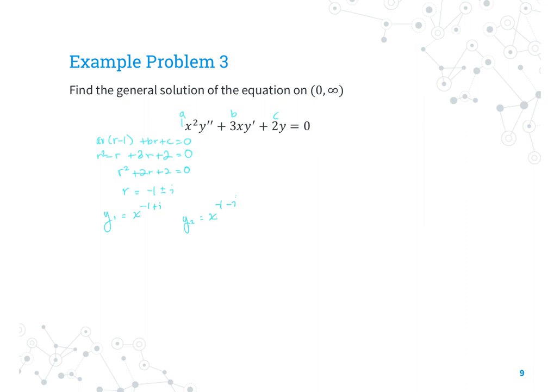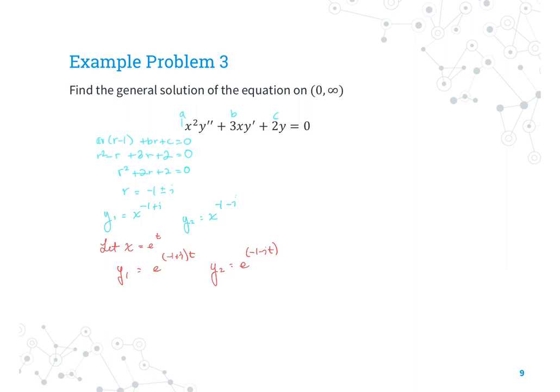We said, but what if I want to use Euler's formula? Can I do that? And the answer is yes. The question is, how am I going to do that? We're going to make a substitution. So we're going to say, okay, let's let x equal e to the t. Because then I now get y1 is equal to e to the -1 plus i t, and y2 then is e to the -1 minus i t.